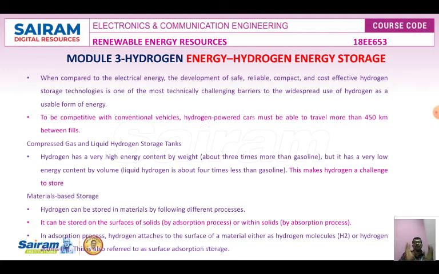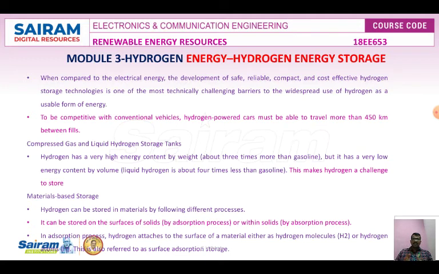It can be stored on the surface of a solid by the adsorption process, or within the solid by the absorption process. Adsorption means the hydrogen attaches to the surface of the material either as a hydrogen molecule H2 or as a hydrogen atom. This is adsorption storage.